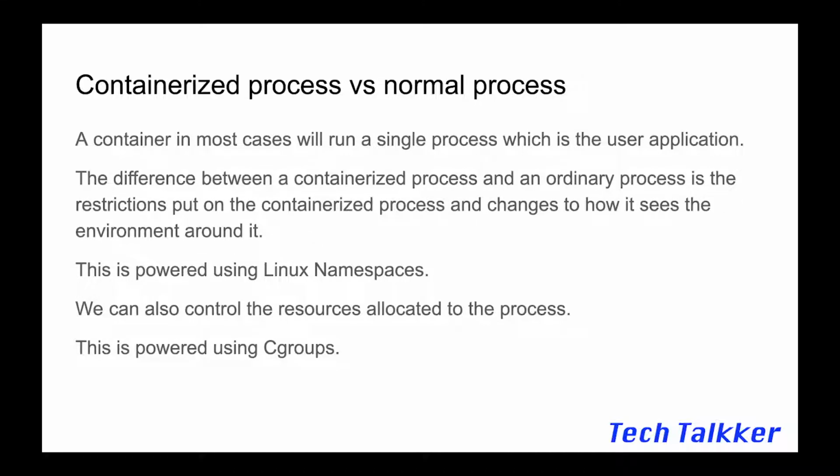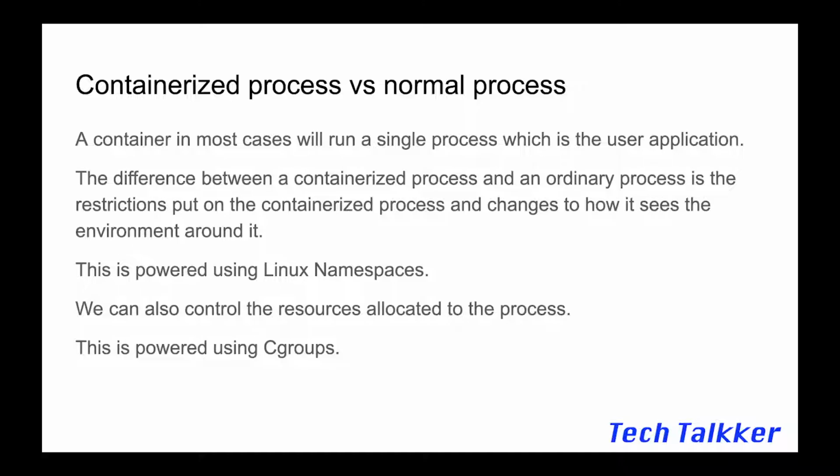Moving on. What's the difference between a containerized process versus a normal process? As I said in one of my previous slides, a container is nothing but a process running in an isolated, sandboxed environment on the host. A container in most cases will run a single process, which is the user application, whatever your program or microservice is.